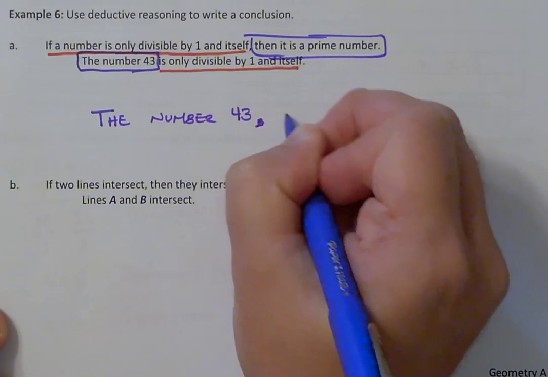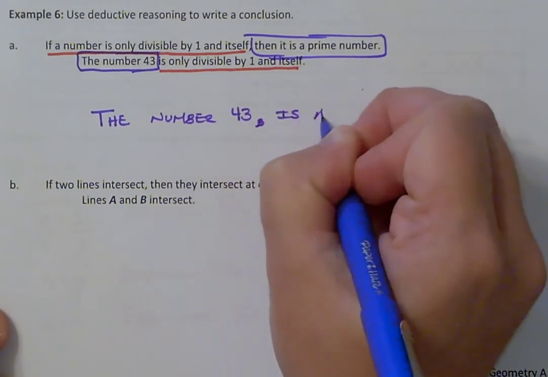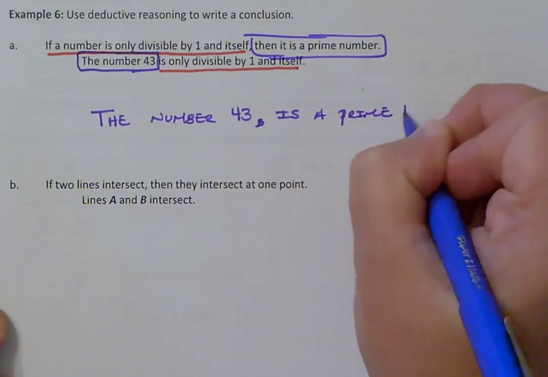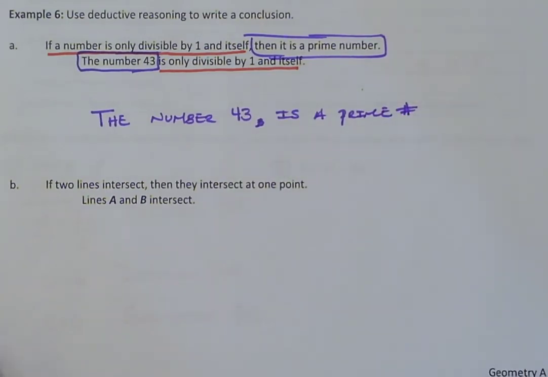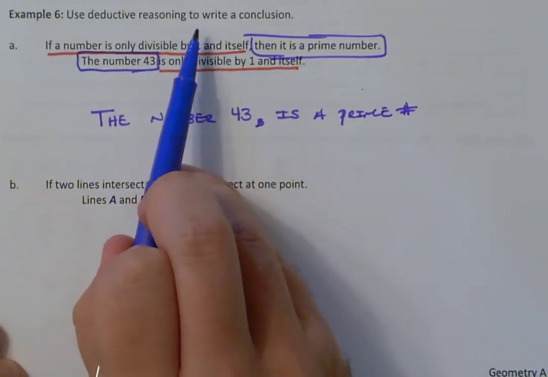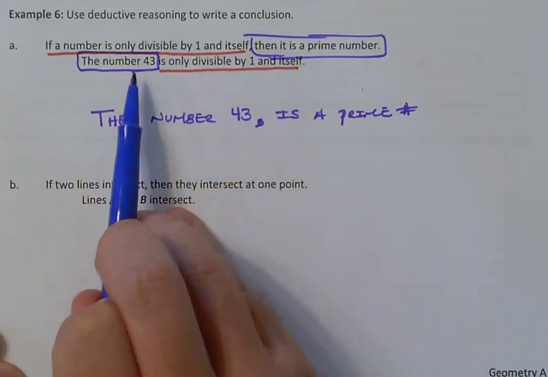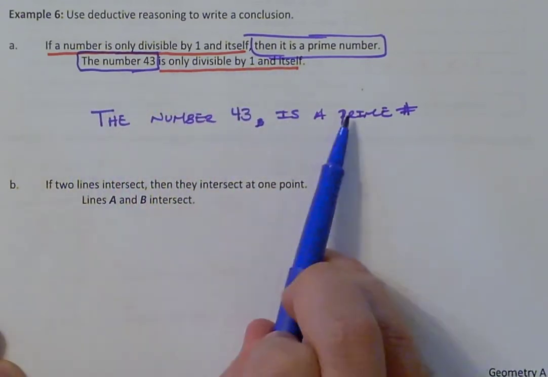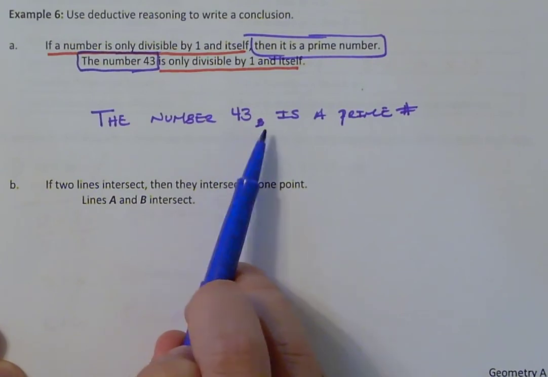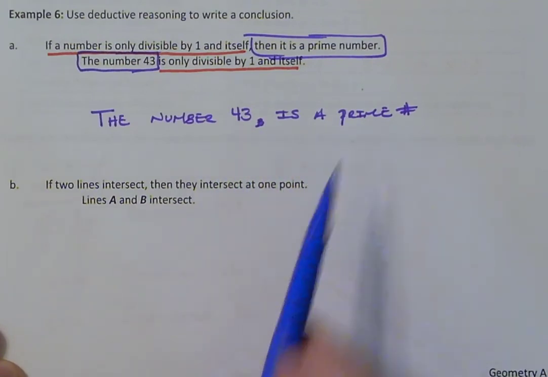All I did is go through and highlight what was the same. We cancel that out, and then we take the two parts that are remaining and write a conclusion. And our conclusion in this case is the number 43 is a prime number.